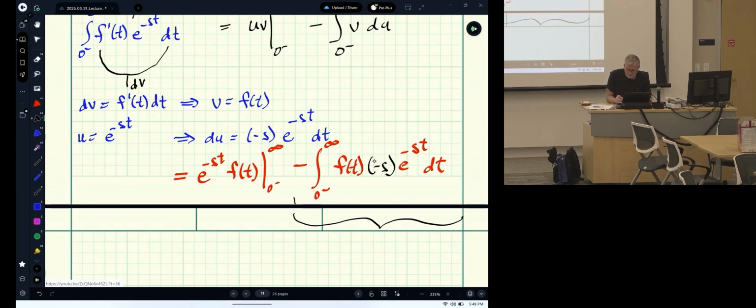So the minus s comes out with a minus sign, so this is just s, Laplace transform of f of t. Okay, so that's where the s F of s comes from.